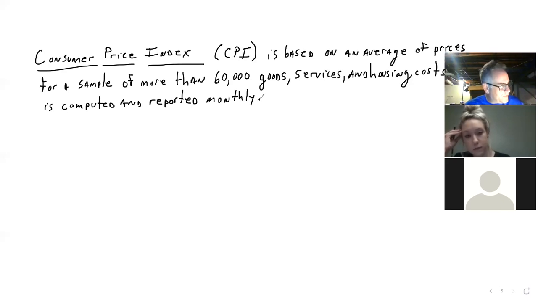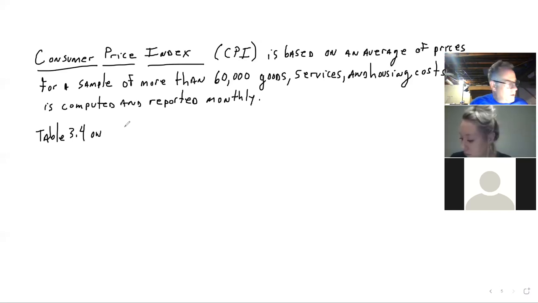Now, this is something I wish I was able to just put right up on the screen. The table that I'm referring to in the book is table number 3.4 on page 170.